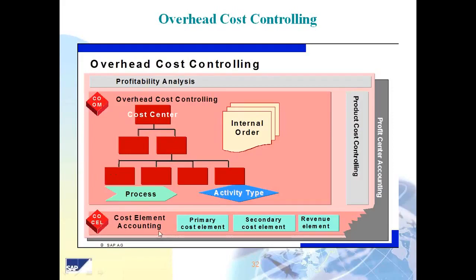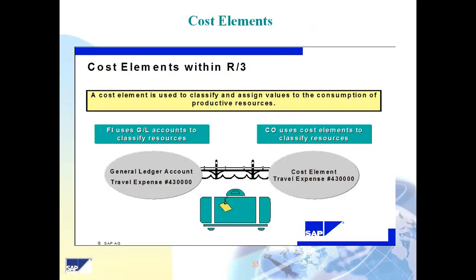So there is cost element accounting, which handles the primary and secondary cost elements in addition to the revenue elements. So there is cost control and profit center accounting. I would like to explain briefly about the cost element.